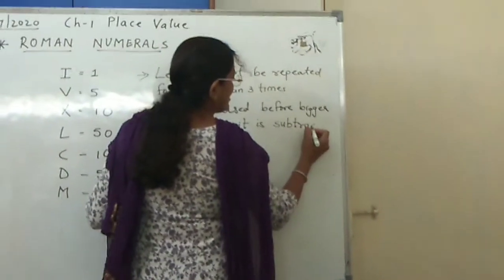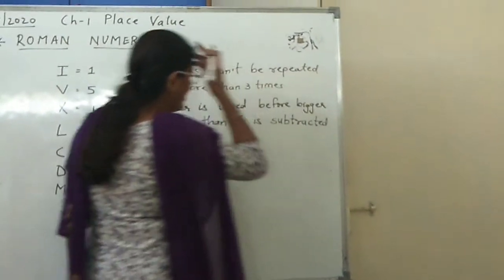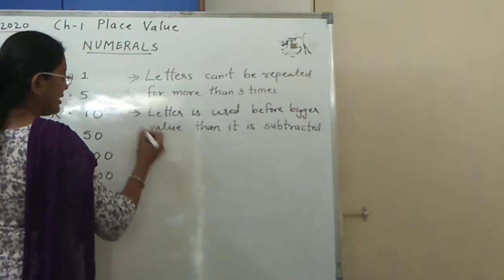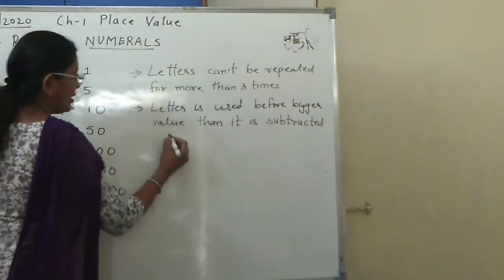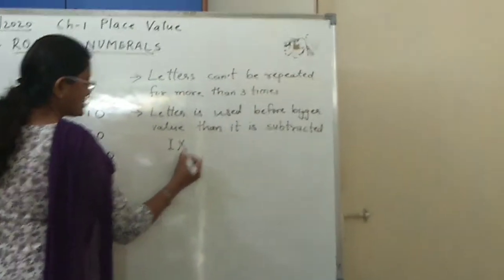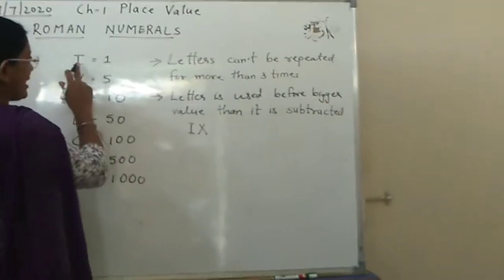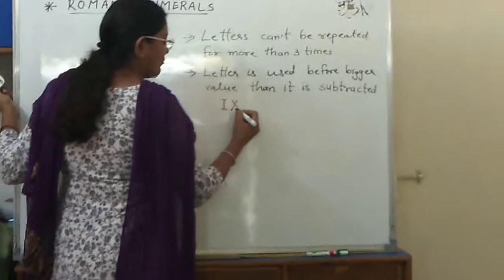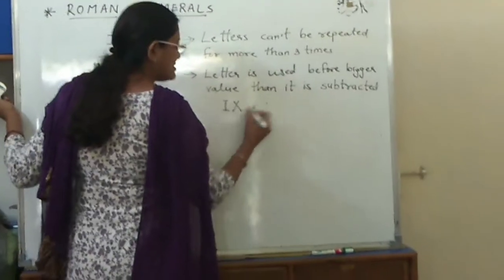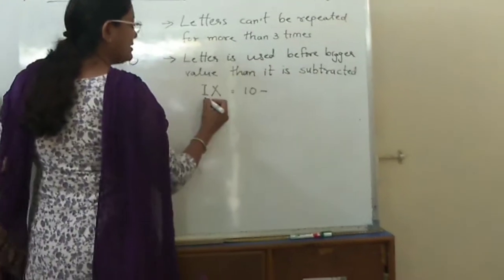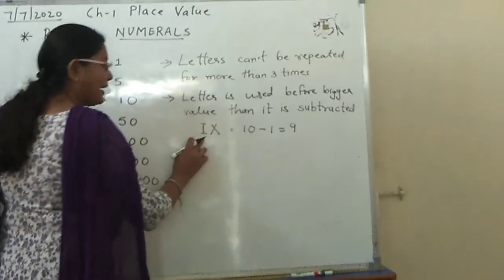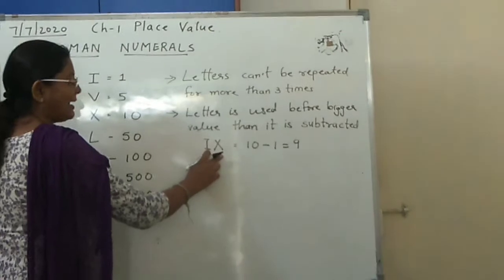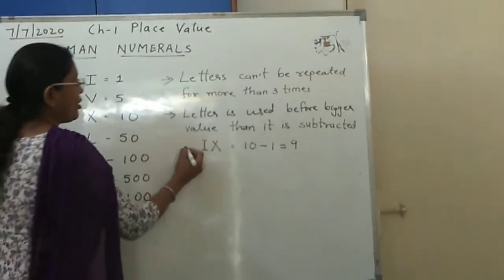Let me give you one example. If I write I before X, X is 10 and I is 1, then I have to do 10 minus 1, which is equal to 9. So 9 is written in Roman like IX. This is the example of it.